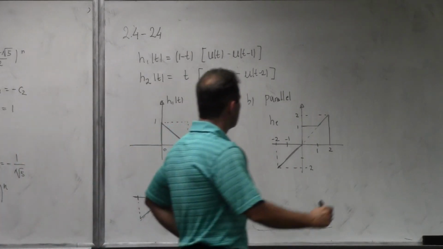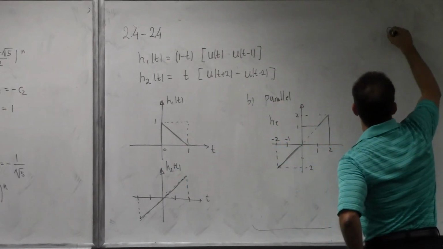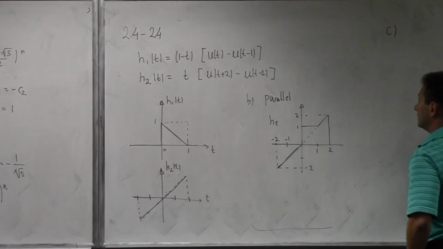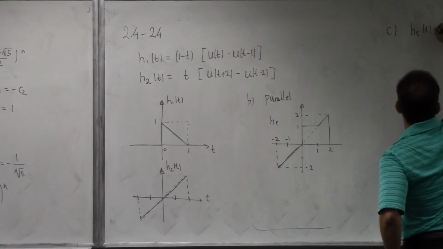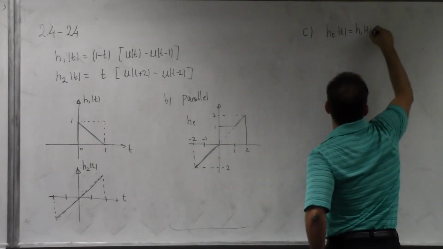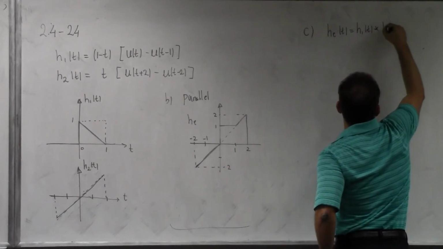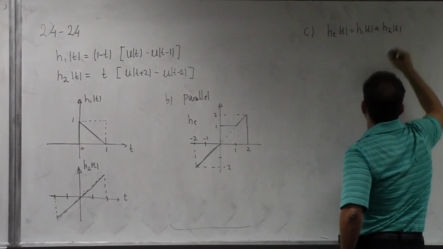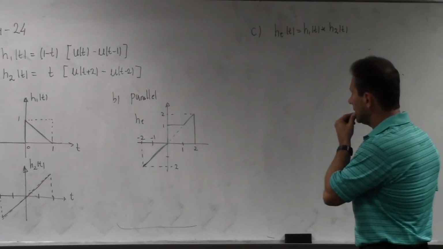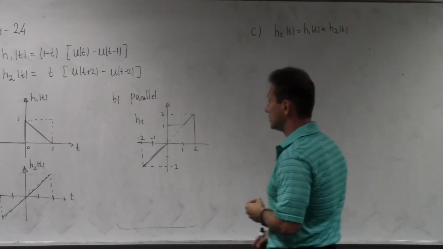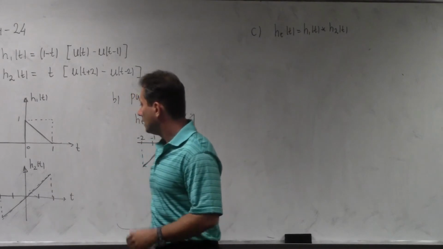Now for the guys connected in series or cascaded, then H equivalent of t is going to be H1 of t convolved with H2 of t. And now we have essentially these two guys.